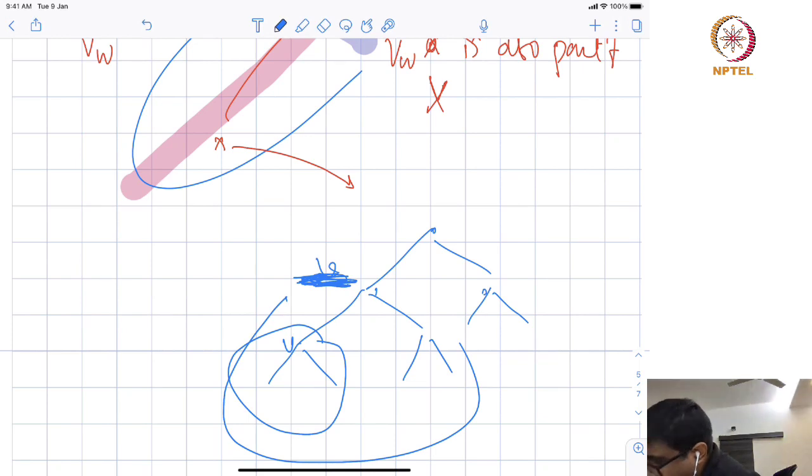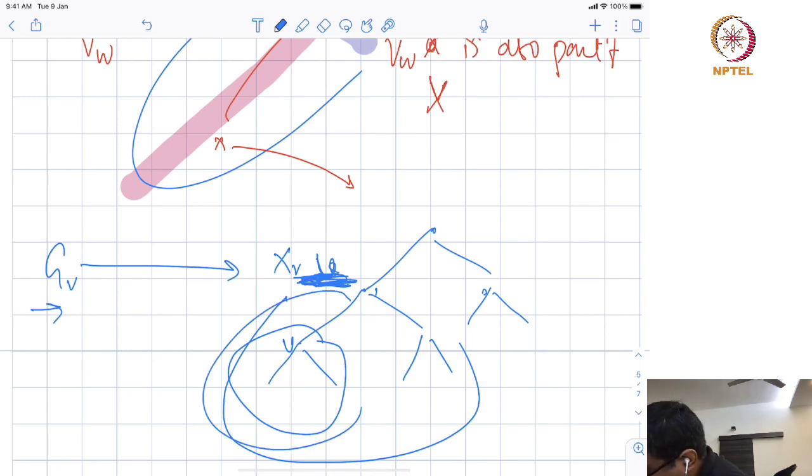So if all I am storing at any point of time, looking at this decomposition, at any node V of this tree, is the graph V and a set, say X_V, what is the property of X_V? Any vertex here, if it has an edge outside, is a part of X_V.